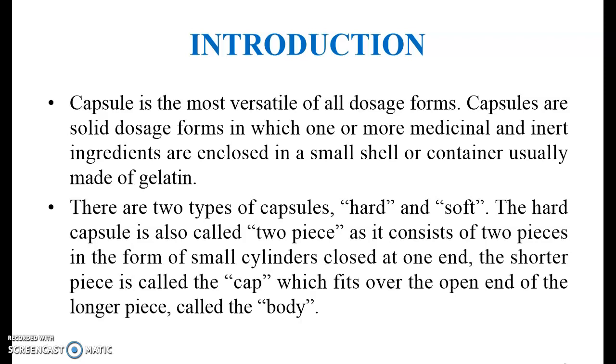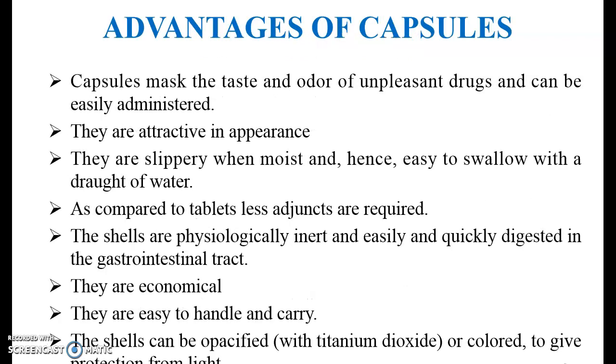The physical properties of the gelatin also vary: the hard gelatin capsule shell is a little bit hard, and the soft gelatin capsule shell is soft in nature. Properties such as viscosity and moisture content vary from each other.